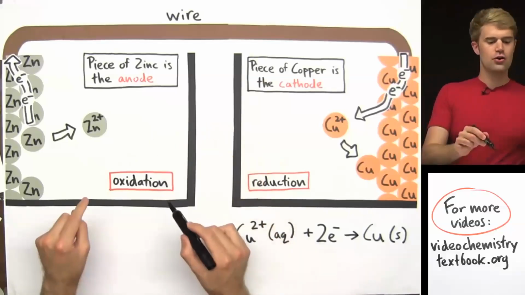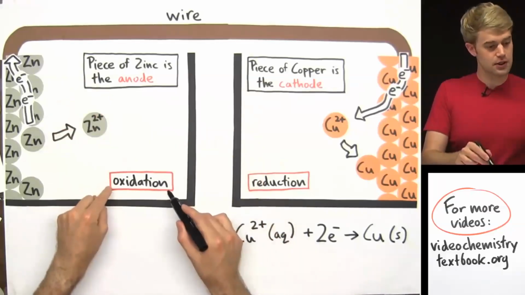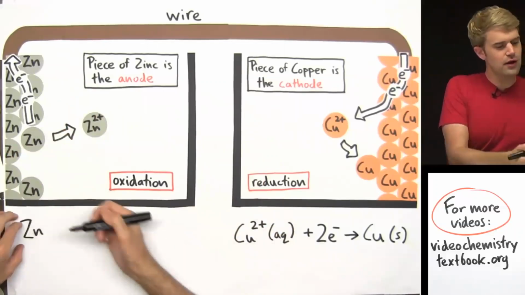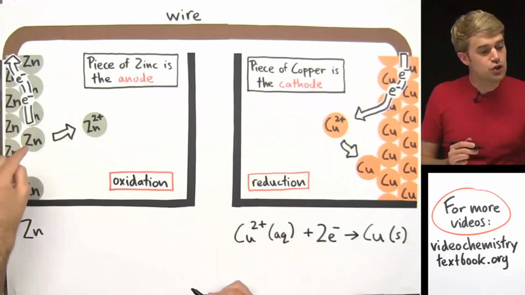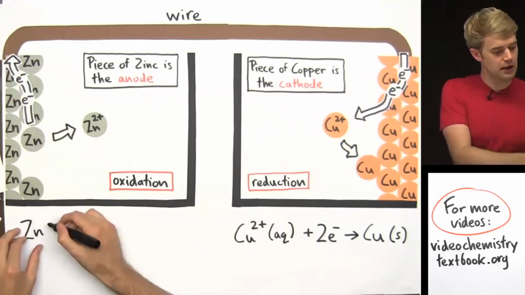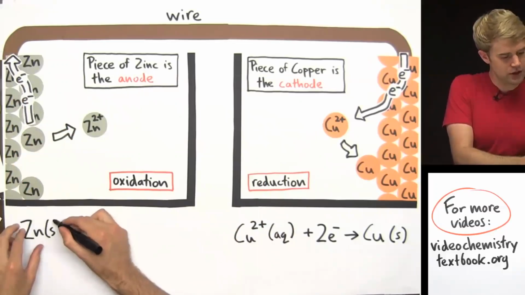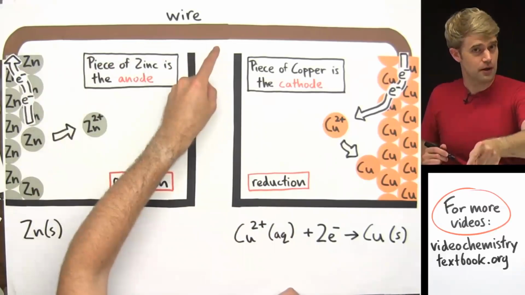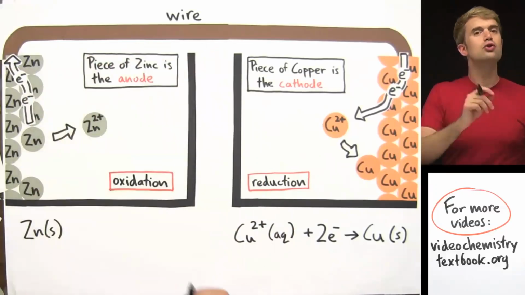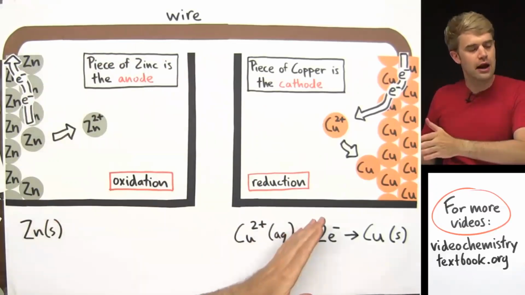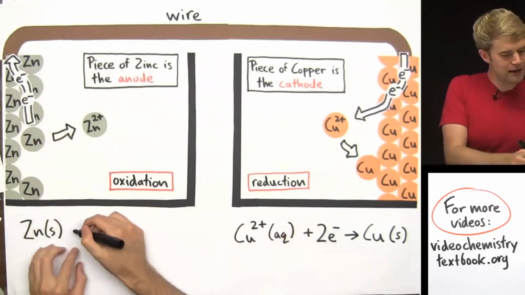Over here, the reaction for the oxidation process. We start out with a neutral zinc atom, and this neutral zinc atom is part of the solid piece of zinc. So I'm going to put this s here for solid. Now it loses 2 electrons. To show that we lose something in a chemical reaction, we put it on the other side of the arrow, okay? So I'm not going to write anything right here.